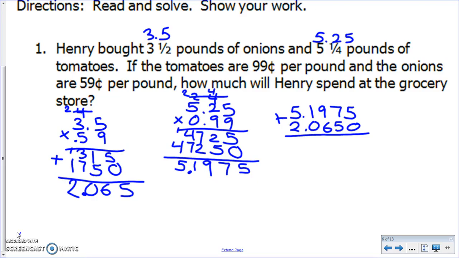So I added an extra 0 onto the onions just so everything lines up. And so now we're just going to go through and add. Now we know that the smallest unit of money we have is a penny, so we need to round to the nearest hundredth. So Henry spent $7.26.